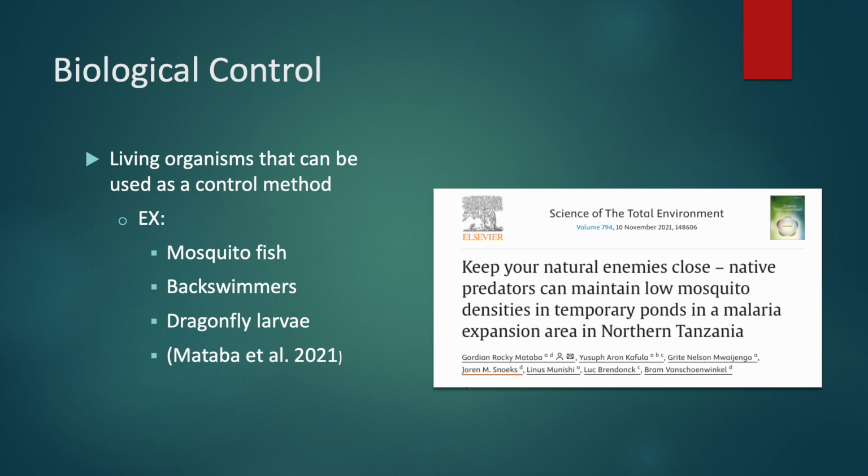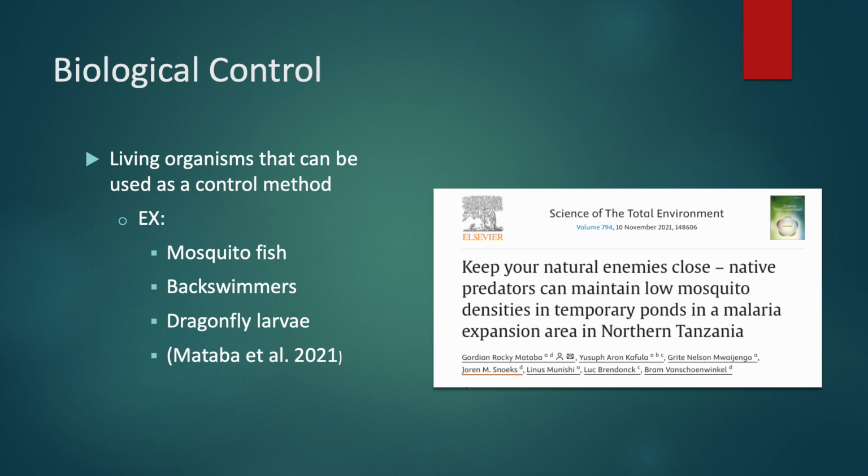It's by Mataba et al. from 2021. This article is basically saying how the predators present reduced different species that are found to be vectors. They had backswimmers and dragonfly larvae to help the biological control component.